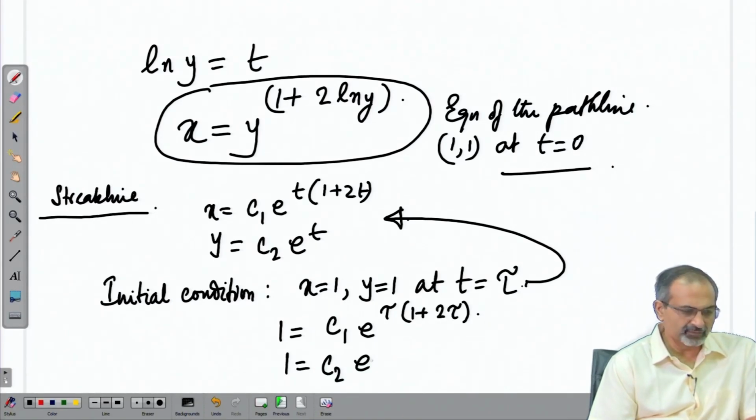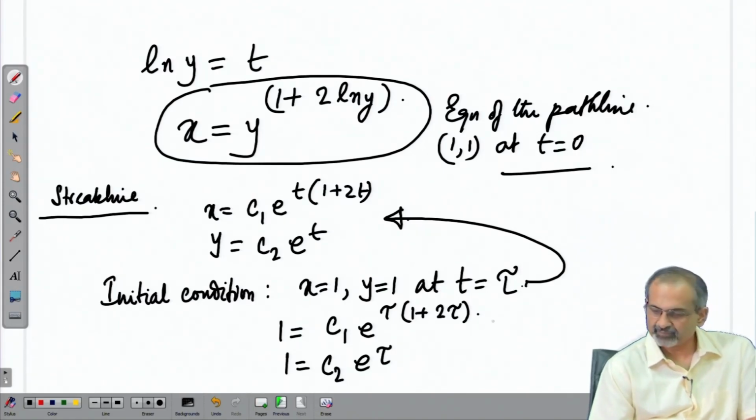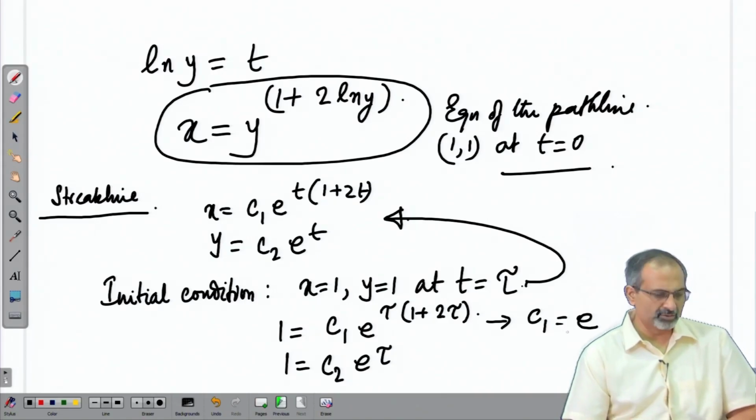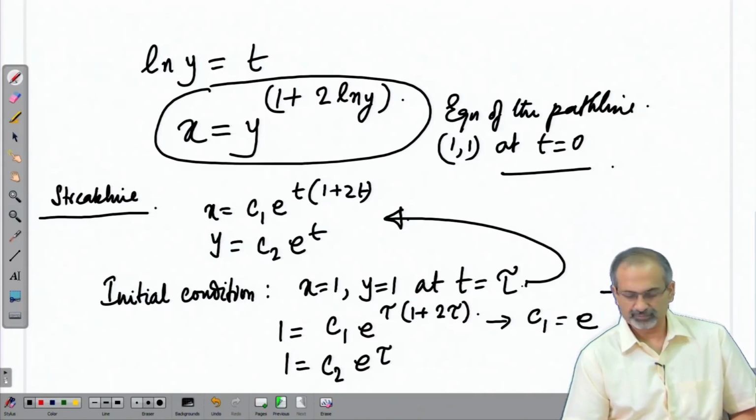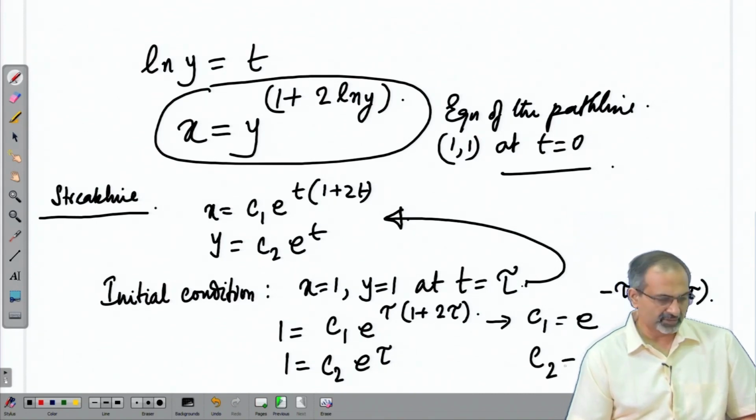The two equations will yield two conditions like this. From this first equation, you get C1 is equal to e to the power of minus tau times 1 plus 2 tau. Second equation will give you e to the power of minus tau.